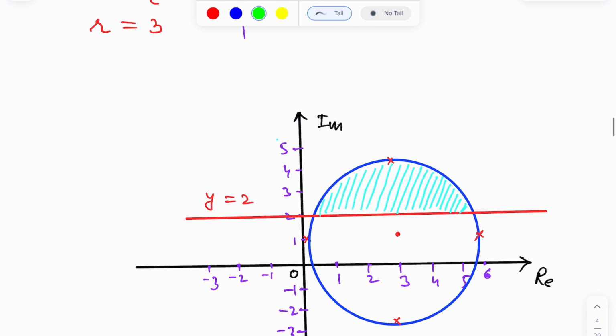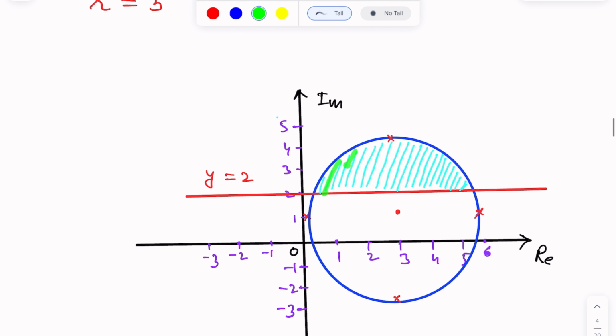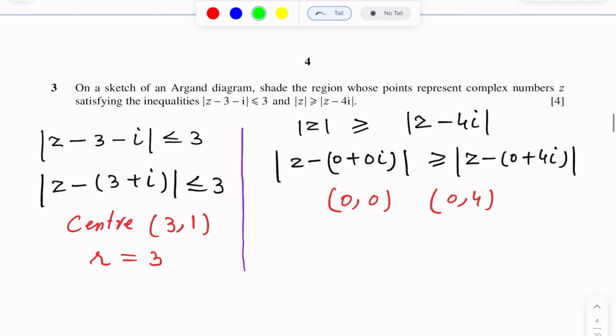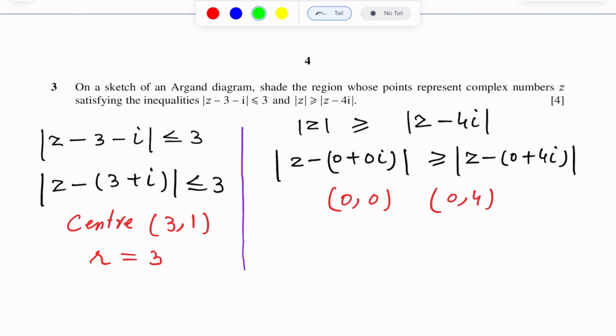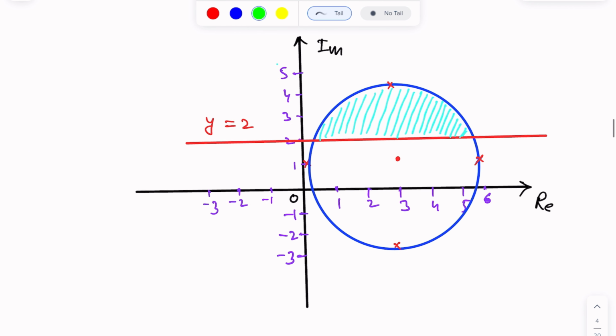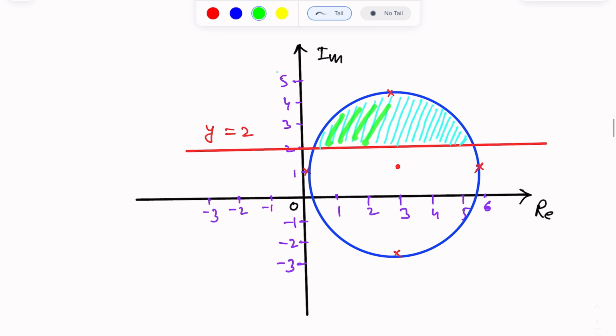Or in other words, we can say that this shaded portion shows both the inequalities. This shows that z can lie in this region.